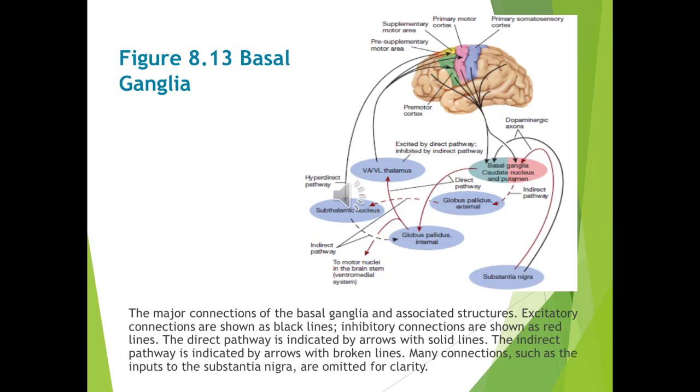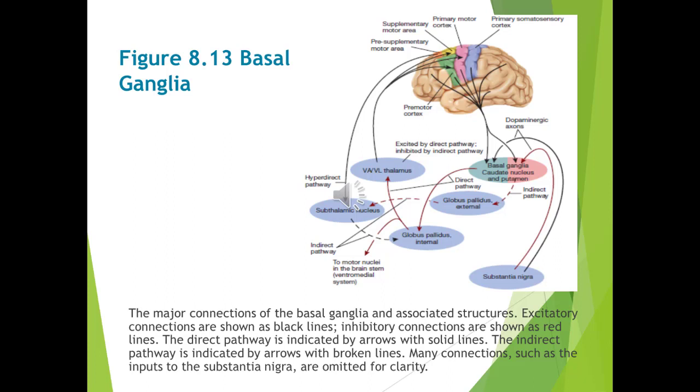The major pathways connecting the basal ganglia and associated structures are indicated by different types of lines with arrows. Excitatory and inhibitory connections are color-coded for your ease of reference. The frontal, parietal, and temporal cortical regions, as you can see here, send axons to the caudate nucleus and the putamen.